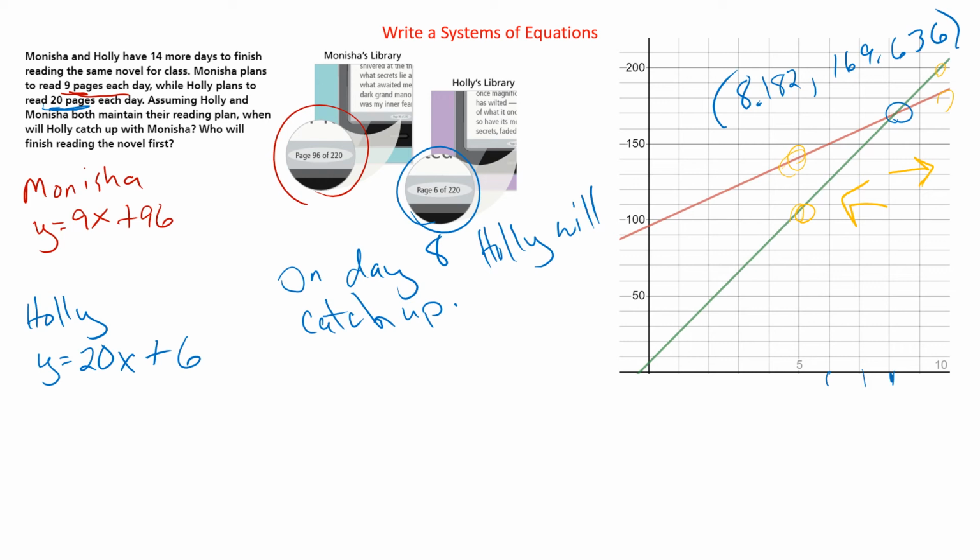Because at 8 days, they're the same, but Holly's reading them faster. So, how many pages are in the novel? 220. That one takes a little bit of searching to find. I didn't see it right away because I was looking through the paragraph, but we have page blank of 220. So since there are 220 pages, Holly's going to finish first.